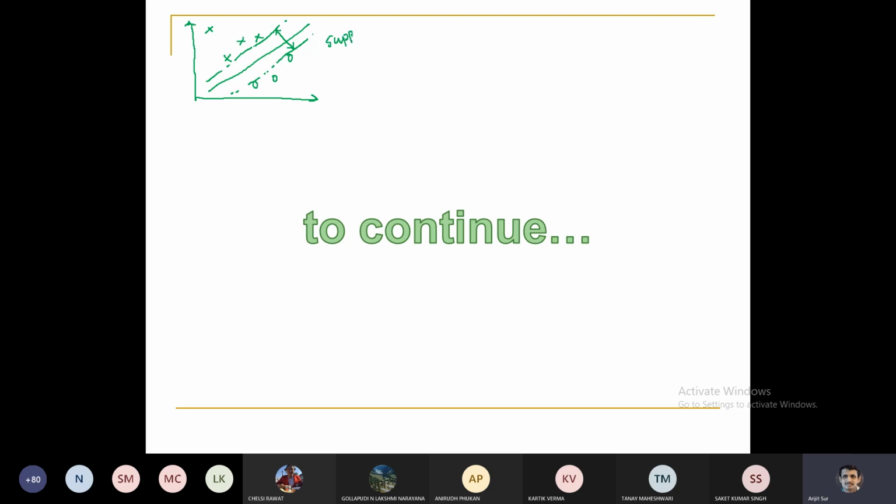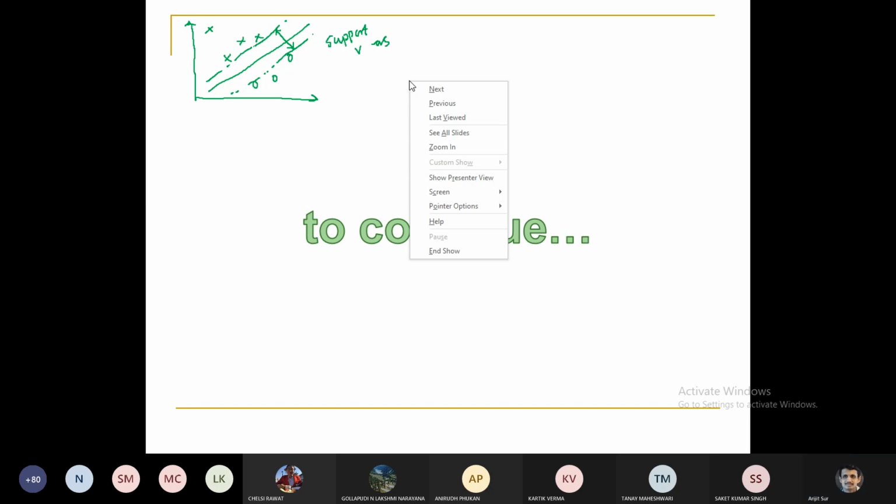These support vectors help us understand which decision boundary we are going to choose.